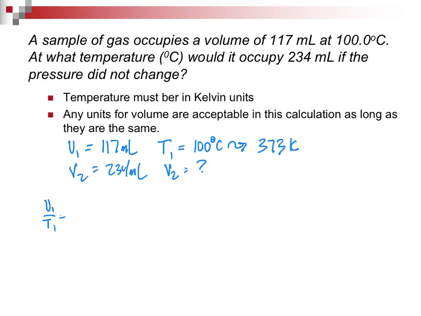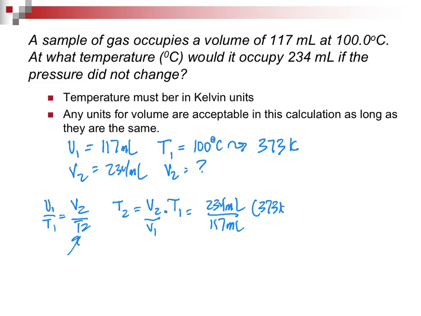V1 over T1 is equal to V2 over T2, and I am going to be solving for T2. So T2, just using the symbols, is V2 over V1 times T1. So let me put my numbers in. 234 mLs divided by 117 mLs times 373 Kelvin.